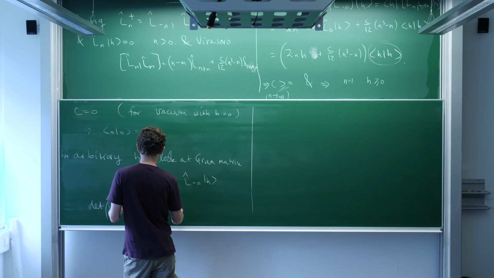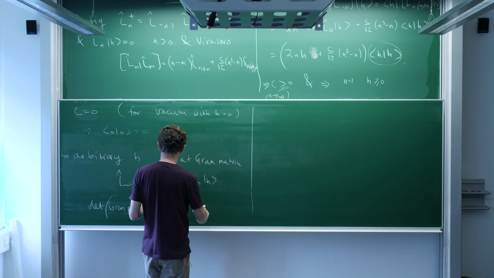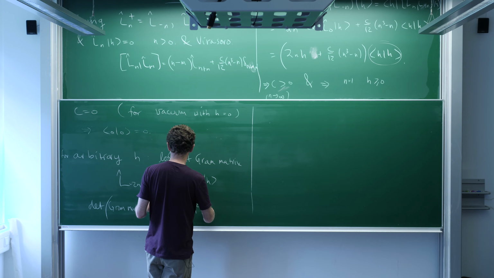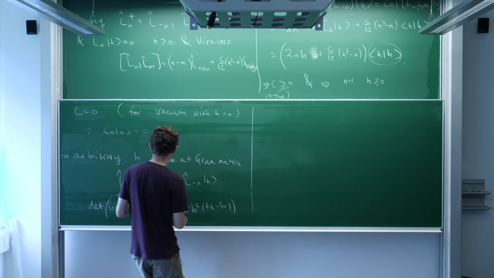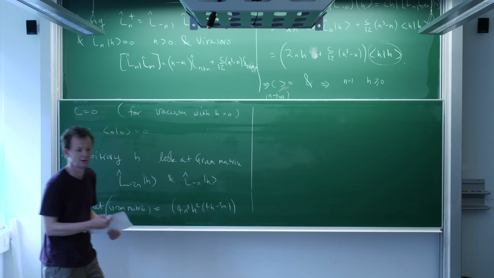If you go through and work it out, it happens to have this determinant here. I don't expect this to be at all obvious, but that's what it is. And that goes negative for n large.